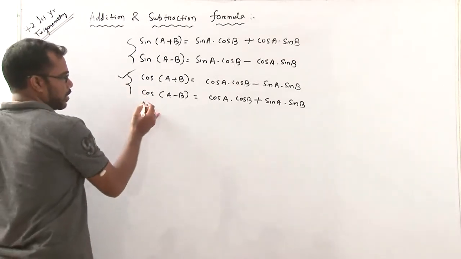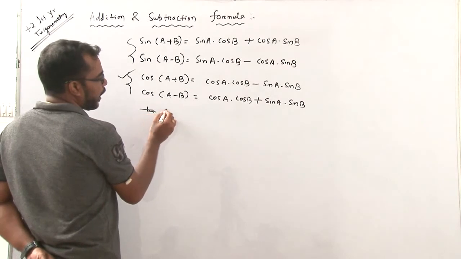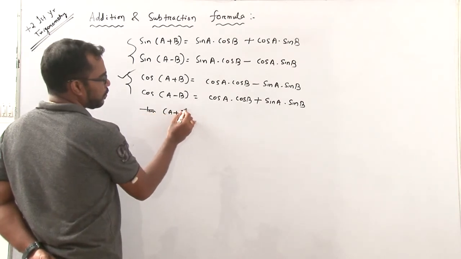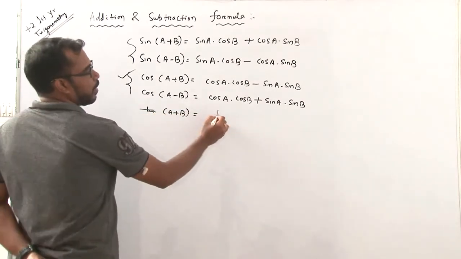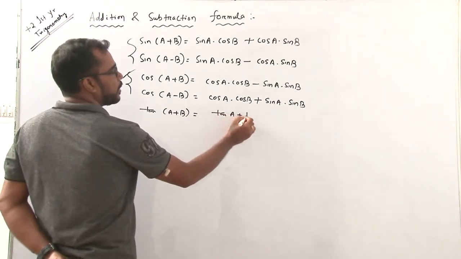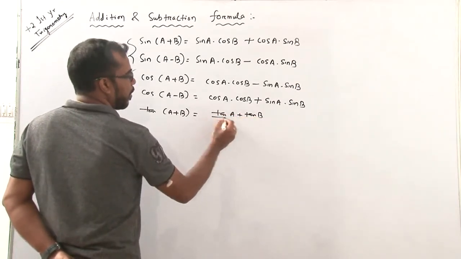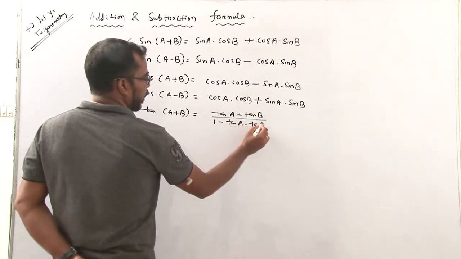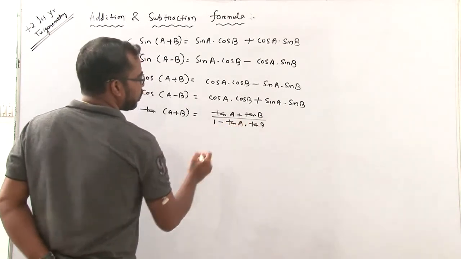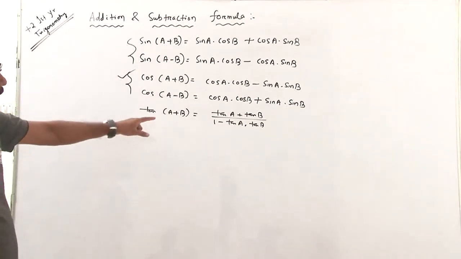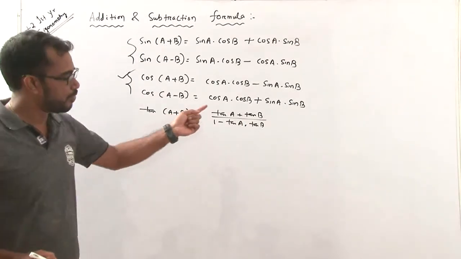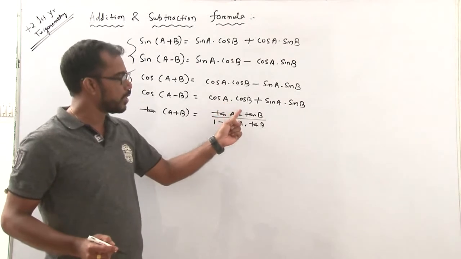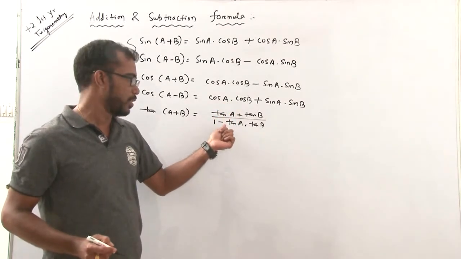Next we proceed to tan(a plus b), which is equal to tan a plus tan b by 1 minus tan a into tan b. In the case of addition, the numerator is addition and the denominator is the negative term.